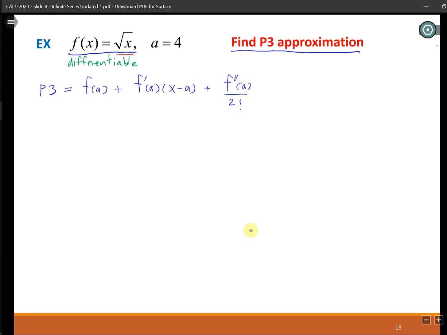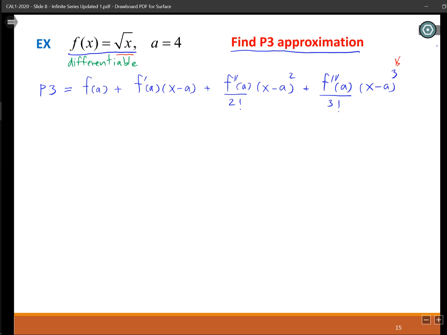And once again, we have this polynomial term, x minus a, but this time it is second order. Last term, third derivative of f evaluated at a divided by 3 factorial, and the polynomial term, this time, has the power of 3. So as you can see here, we have this power of 3, definitely third order polynomial.